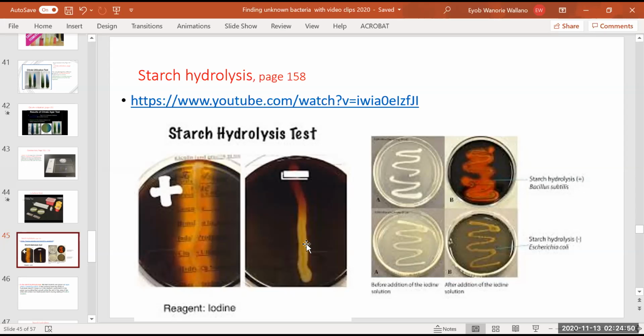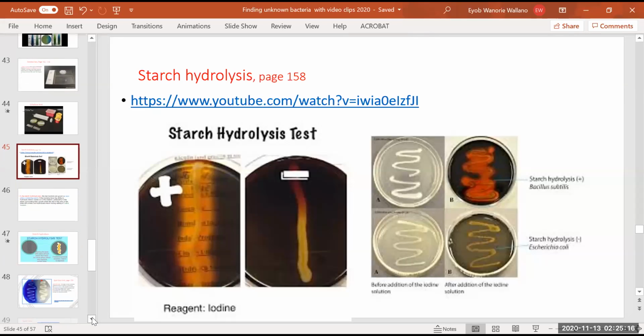In this one, it changed to brownish color, and in this one, it didn't change. So this is negative for hydrolysis, and this one, where it didn't change, is positive for hydrolysis. Very interesting, so for this reason we do starch analysis this way.